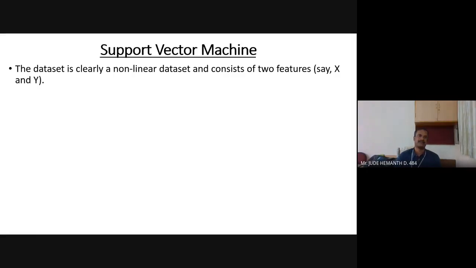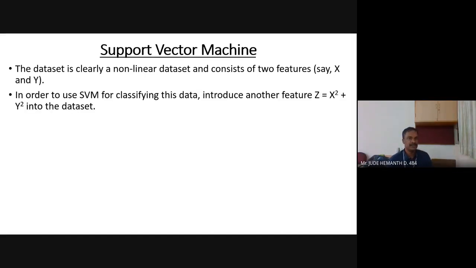Okay, thank you. The data set is clearly a nonlinear data set, and it consists of two features, say x and y. In order to use SVM for classifying this nonlinear data, I am going to introduce another feature, z.